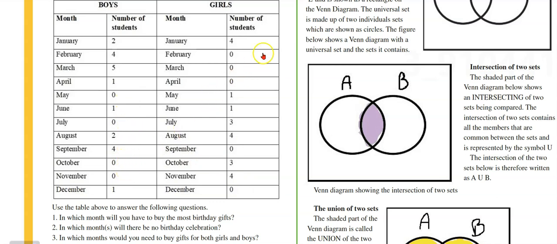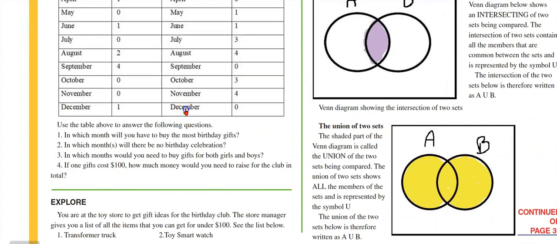For the girls, we would have February, March, April, and September, as well as December. But is there one where we find both of them not having a birthday? January, February, March, April, May, June, July. Nope. So you'd have to look at it boy versus girl.